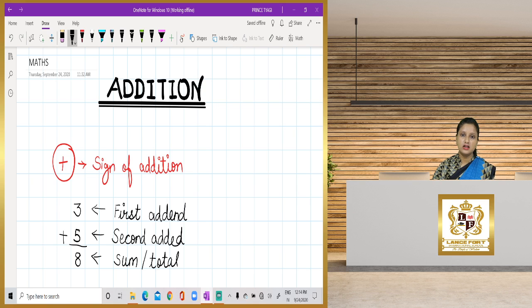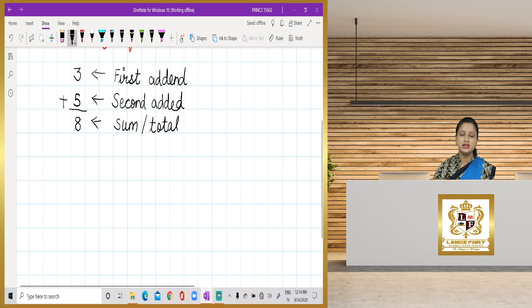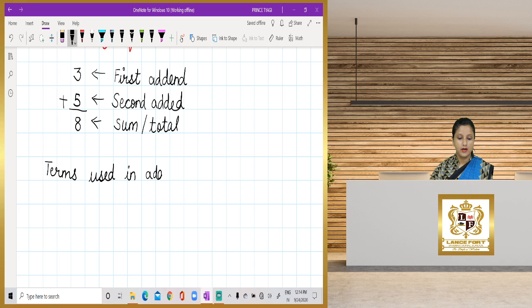Now, I will tell you some more terms we used in addition. So, terms used in addition. First, all together.